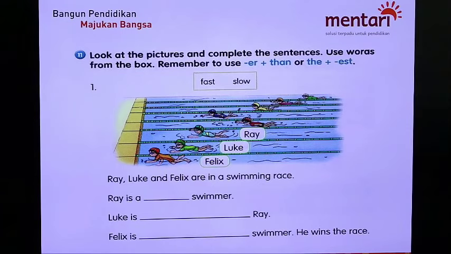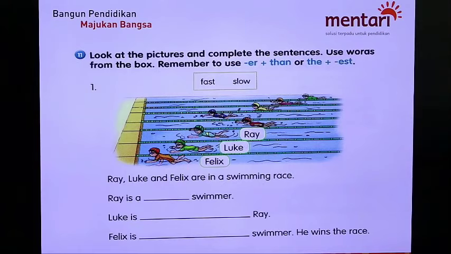Okay. Now, we can take a look on here, and then you can respond to put fast or slow for the basic adjective. But remember, put the er plus than for comparing two people, or the plus est for comparing more than two people.